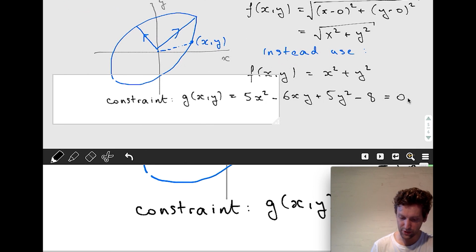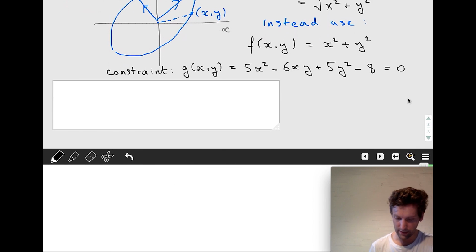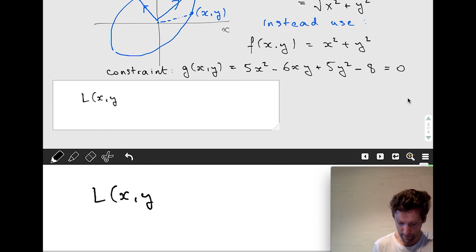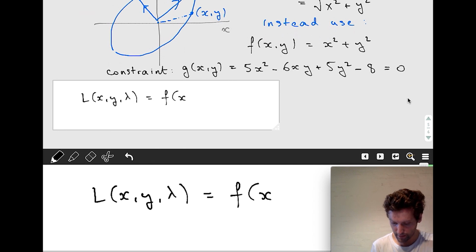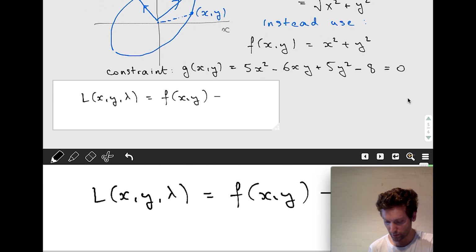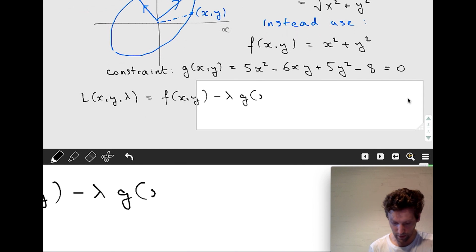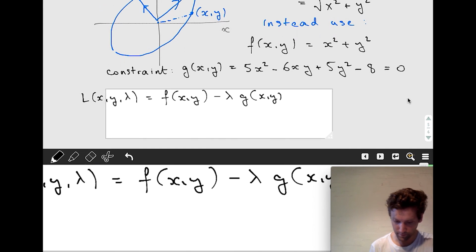Okay, now we're in a position to calculate what the function L is. L of x, y, and lambda is going to be equal to f of x and y, the thing we're maximizing or minimizing, minus lambda g of x and y, the constraint.